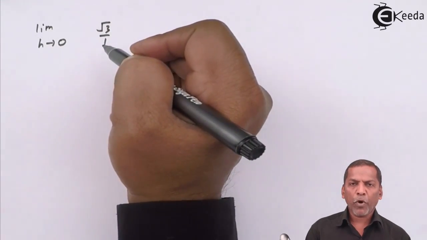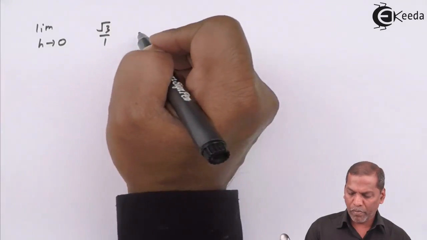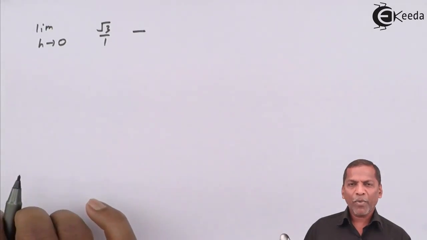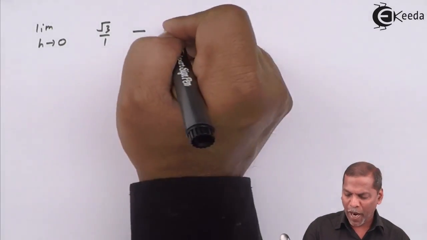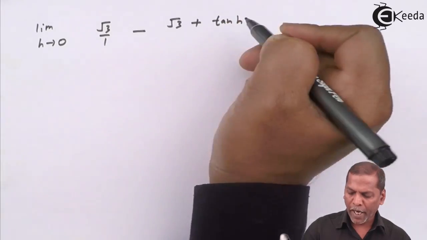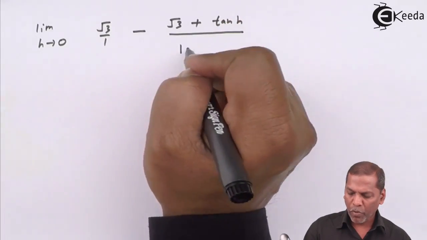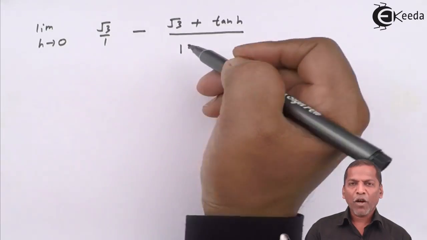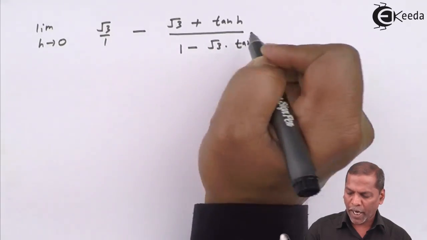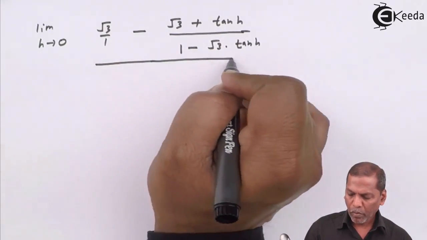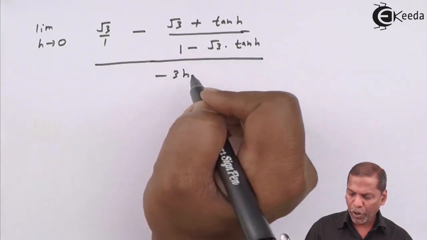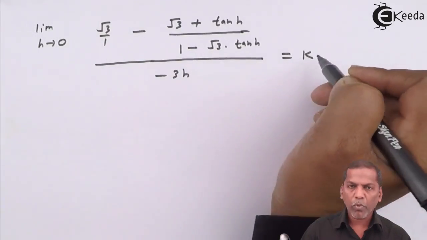We write root 3 upon 1 as it is, minus, now tan of pi by 3 means tan of 60, and that gives value root 3, plus we write tan h as it is upon 1 minus tan of pi by 3, again we write root 3 into tan h, and whole thing divided by minus 3h is equal to k.